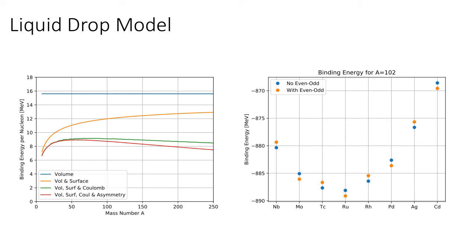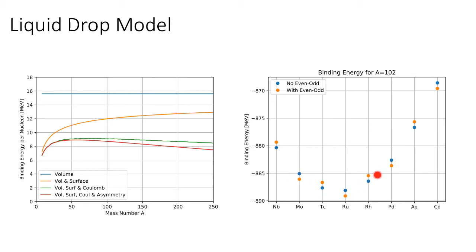The asymmetry term and the spin term I illustrate here by plotting the binding energies for A equals 102. So this is an isobar projection. The number of neutrons plus the number of protons is 102, and it shows that as you move away from equal numbers of neutrons and protons, you get an effect that gives you this quadratic dependency.